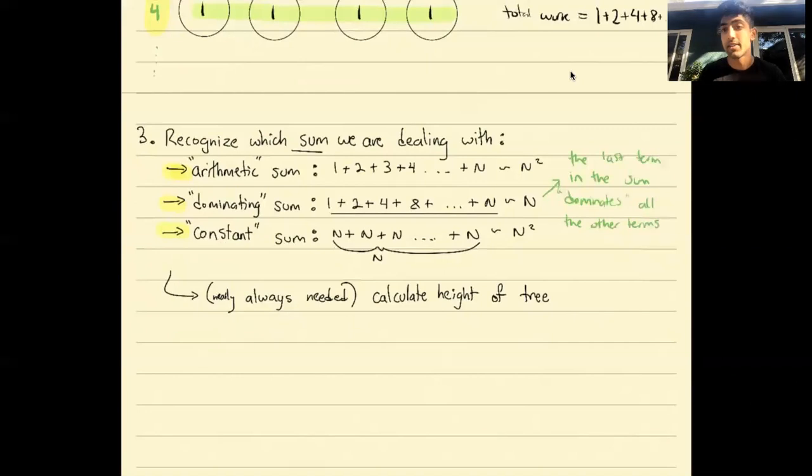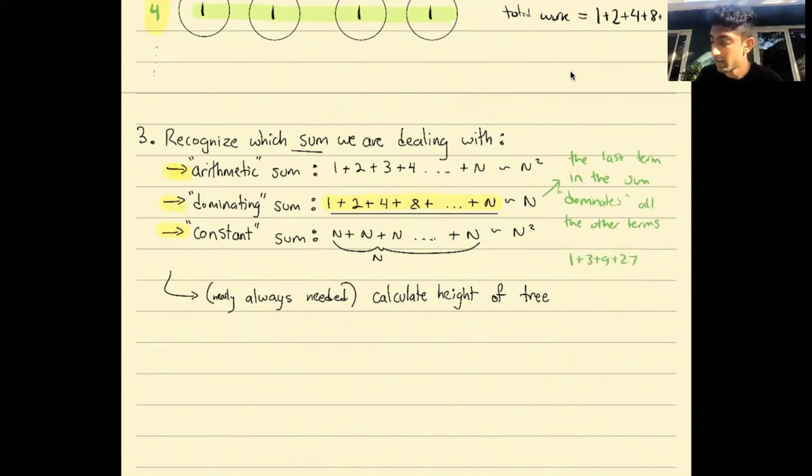If we have a dominating sum and we're trying to figure out what this sum is equal to, all we need to know is the last term in this sum. Because if this last term is so big that we can ignore all of the terms before it, the sum asymptotically comes down to that last term, okay? The following sum is an example of a dominating sum. Some other examples of dominating sums are like 1 plus 3 plus 9 plus 27, okay?